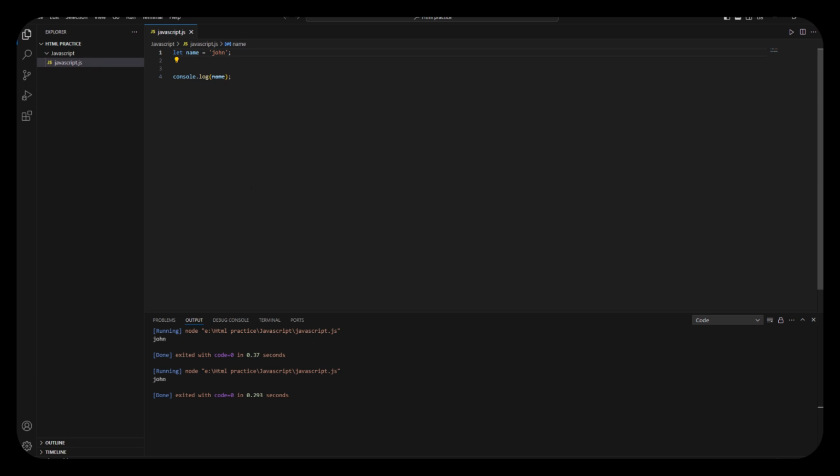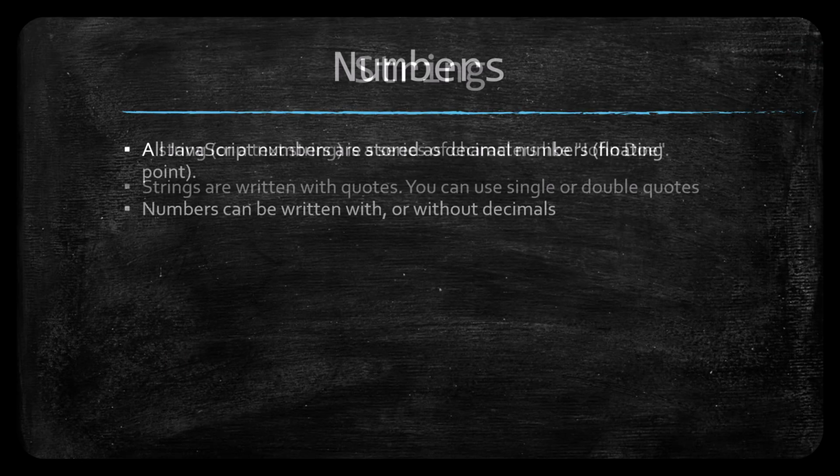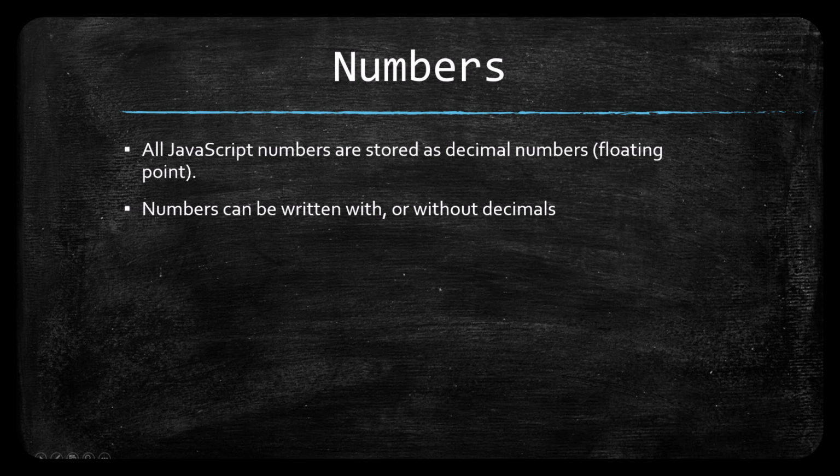We also need to know about the number data type, but first we have some theory, then we will come to our VS Code. So the next one is number. How can we use the number data type? It is very simple. In JavaScript, numbers are stored as decimal numbers no matter what kind you write.